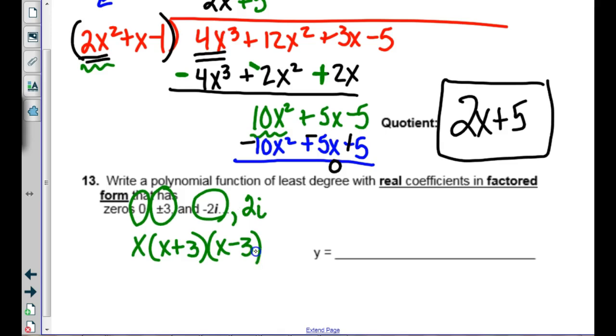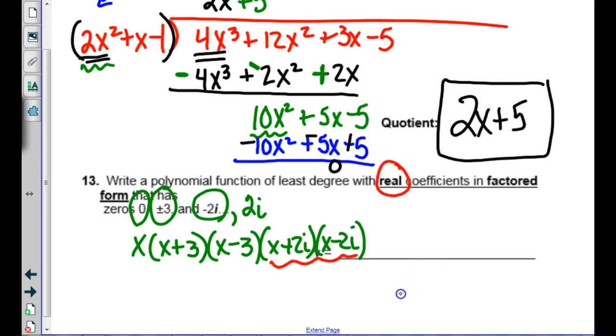Now, you're welcome. I did not give you one that says 4 plus i, so you have to put 4 minus i. Do you remember how awful those are to FOIL together? This is much easier, right? It's going to be x plus 2i and x minus 2i. Now, you can't stop here, but it's still not that hard. All you have to do is FOIL these two together because it says you have to have real coefficients in the end.